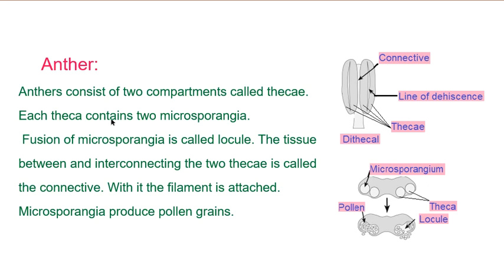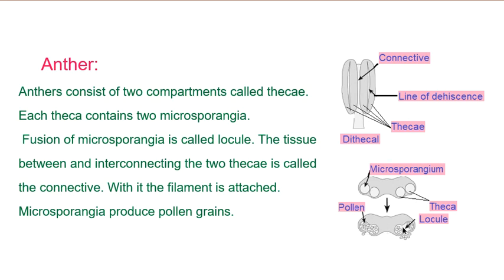Moving forward, anthers consist of two compartments called thecae. You have seen a bilobular structure, that is the anther. These are thecae. Each theca contains two microsporangia. Now these lobes are called microsporangia. The fusion of microsporangia is the locule.